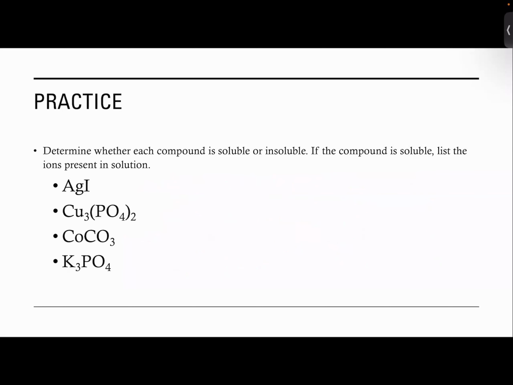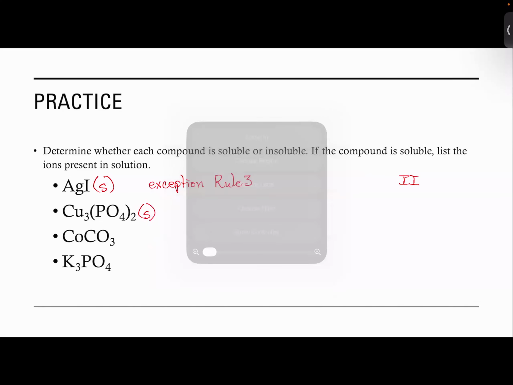Now, silver iodide is a solid because it's an exception to rule 3. And therefore it is an insoluble ionic compound. Copper 2 phosphate would be a solid because of the phosphate rule.